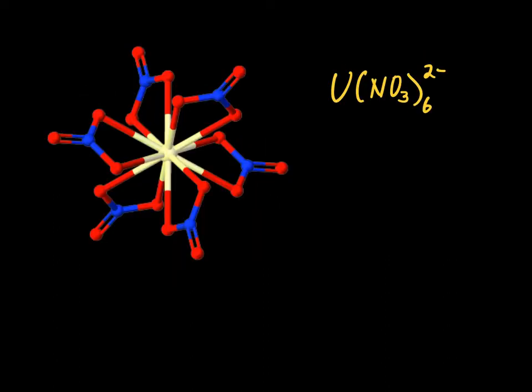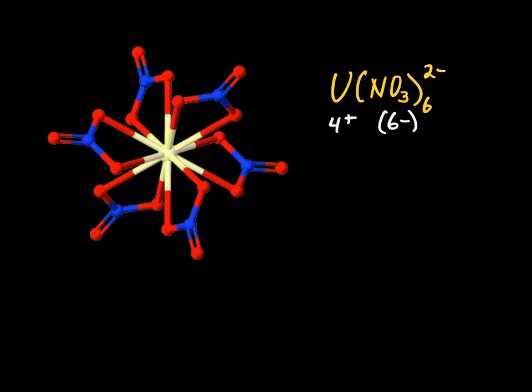Right? Here's the most extreme one. So here's a uranium hexanitrate dianion. Now, since that's 6 negative charges there, that means uranium has to start in a 4+ oxidation state here.